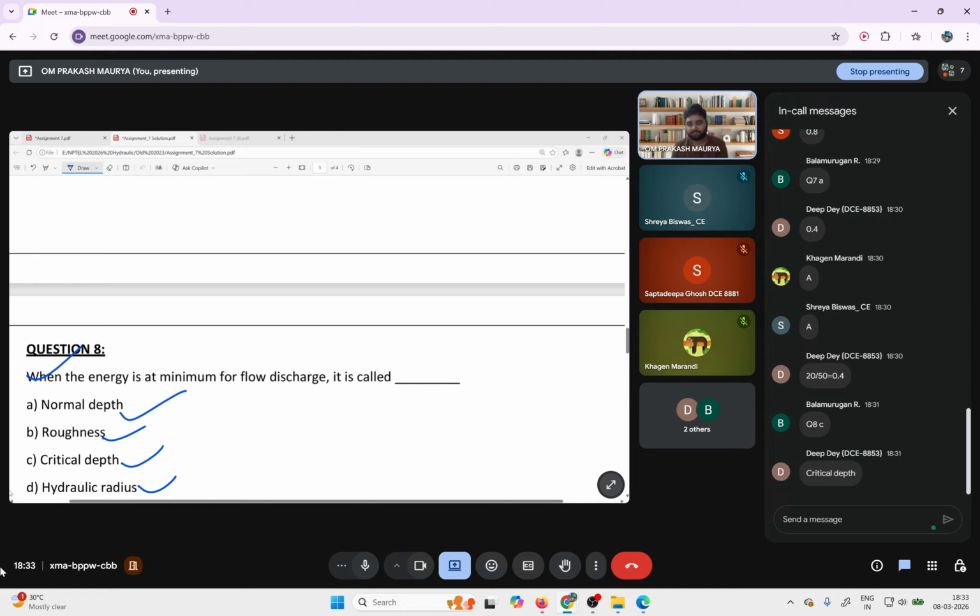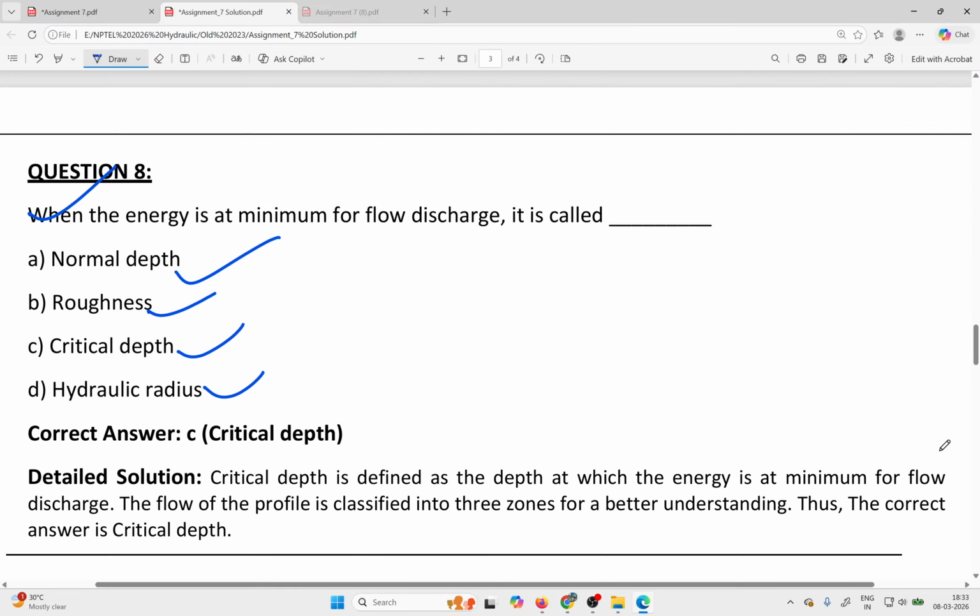Based on this we have a formula and a numerical also, so we'll discuss. Definitely this is critical, remember.